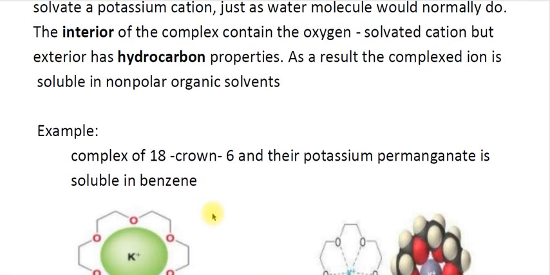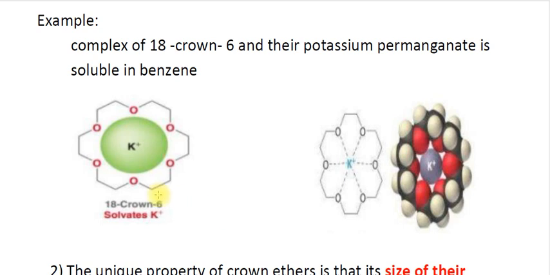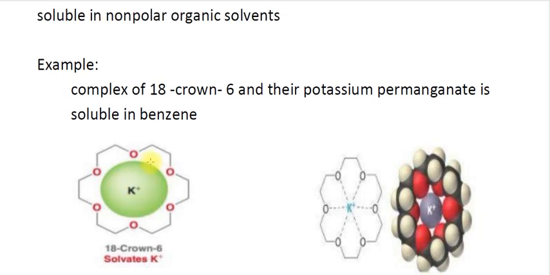You just look here, the 18 crown 6. We know that the 18 crown 6 has some vacant place inside with a particular diameter. So this particular space is specific for certain cations. 18 crown 6 is specific for the potassium cation, and the 18 crown 6 will take the potassium cation and solvate it.